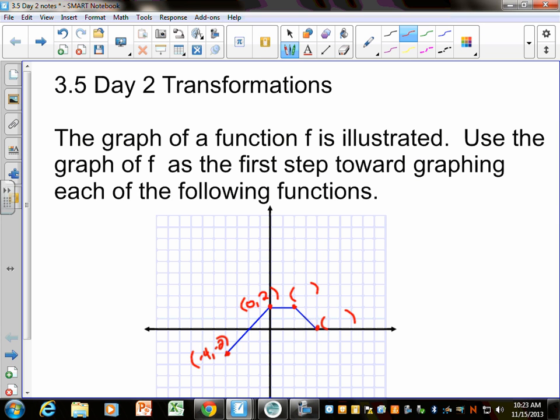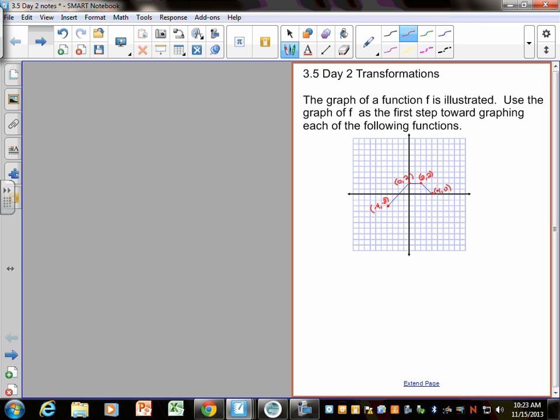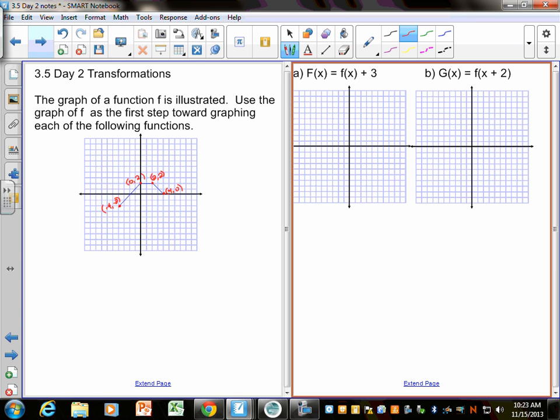And this is 2, 2. And this is 4, 0. So maybe I'm going to double page this so I can look at this and do this at the same time.